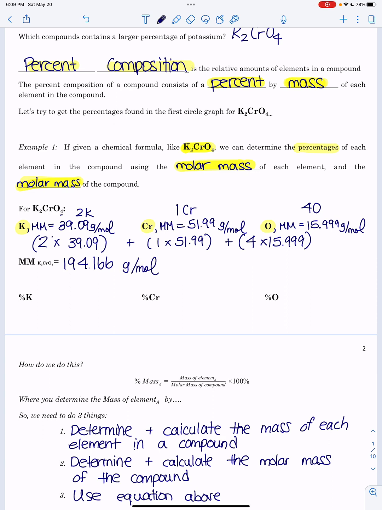Now, notice how I have separate masses for each element here.